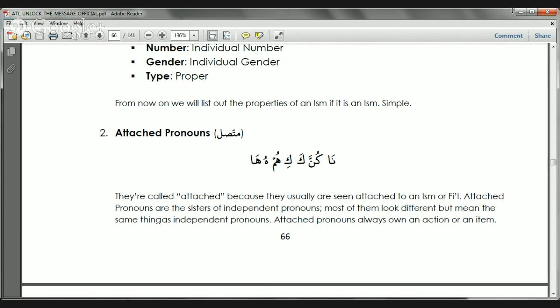Right, the first one is harf nasab. Now I want to go to jar. What's the first one for jar? Harf jar. Okay, that's the first one. Second one for nasab is if it is attached to a verb. Good. Second one for jar is if it's attached to an ism. I hope you remember that this is also the reason I gave you the chart in the front of the book. Everything I just said, I believe, is in here.